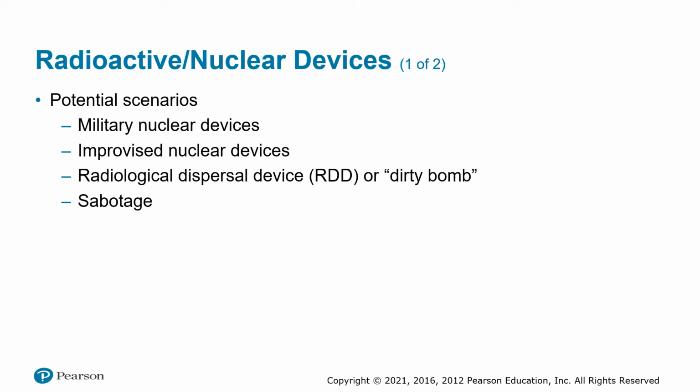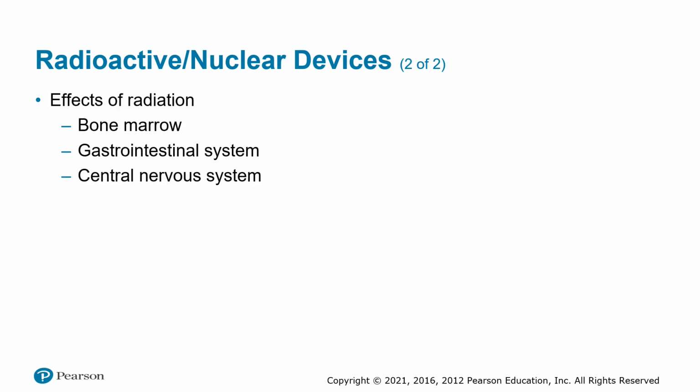Radioactive and nuclear devices. Potential scenarios would be a military nuclear device, an improvised nuclear device, a radiological dispersal device or dirty bomb, and also sabotage to something that is already there. Effects of radiation: it's going to have effects on the bone marrow, which is where blood is made.